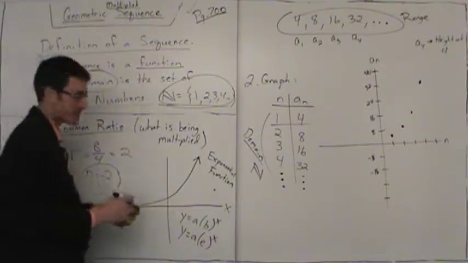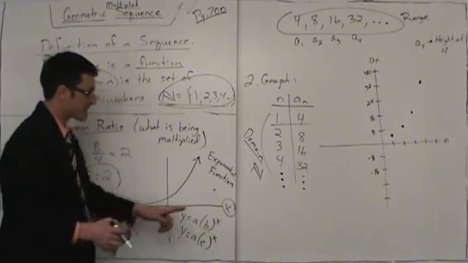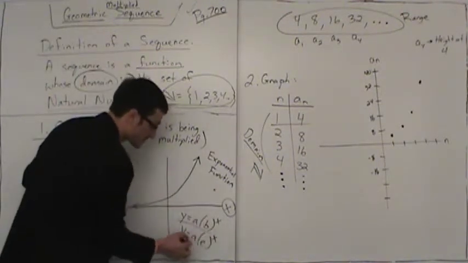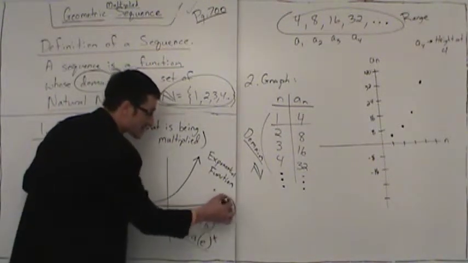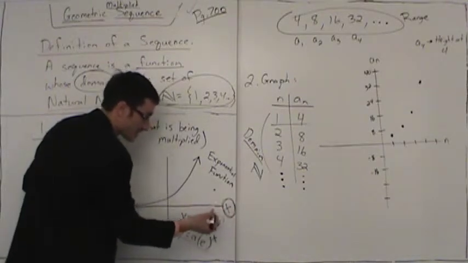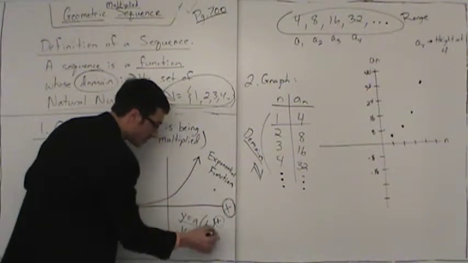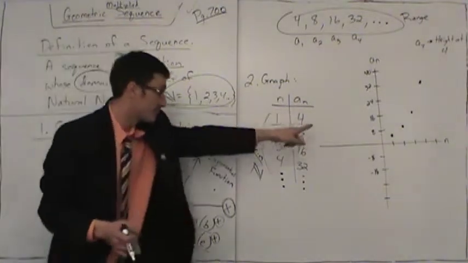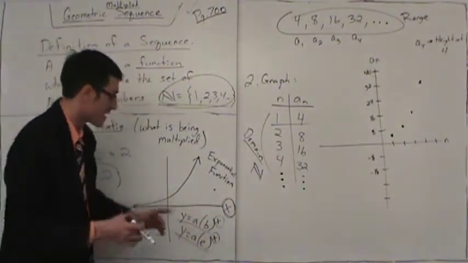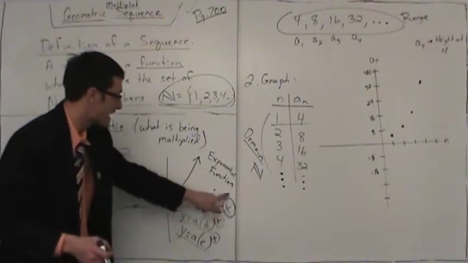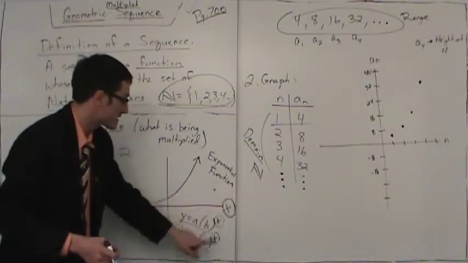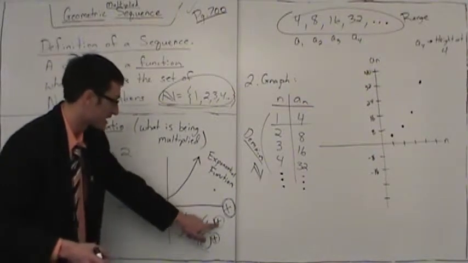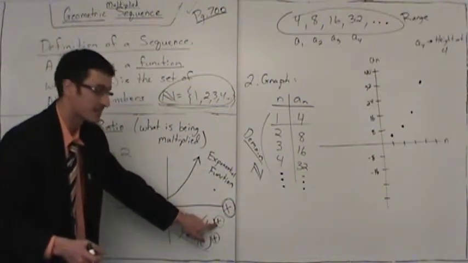I want you to notice that x, our x-axis variable, is acting as the exponent. The geometric equation for this sequence is going to look very similar to this. So notice, x-axis is the same as exponent.